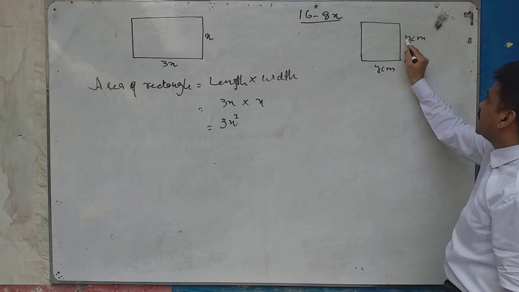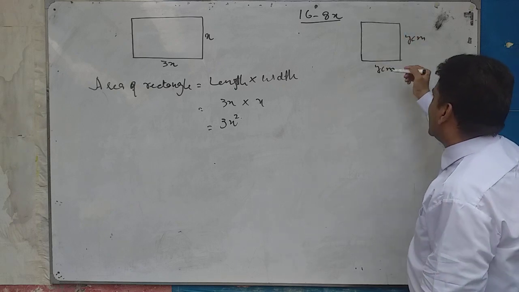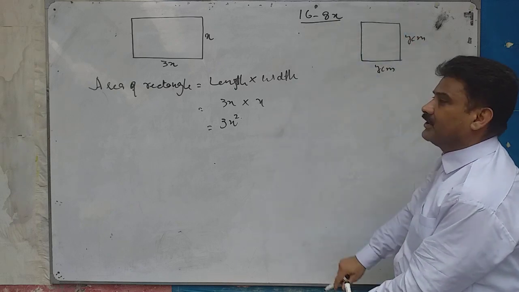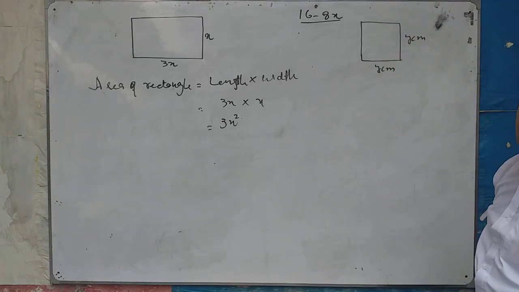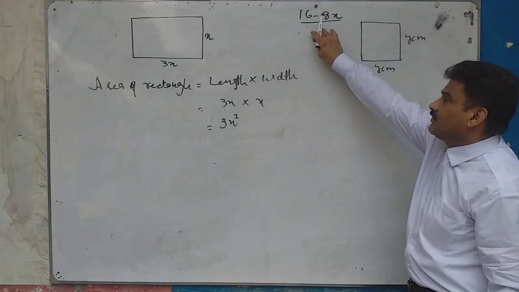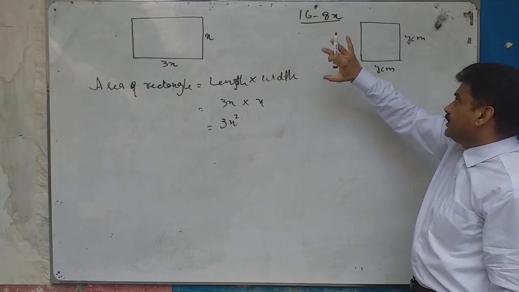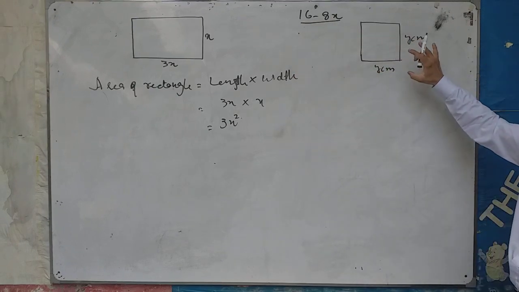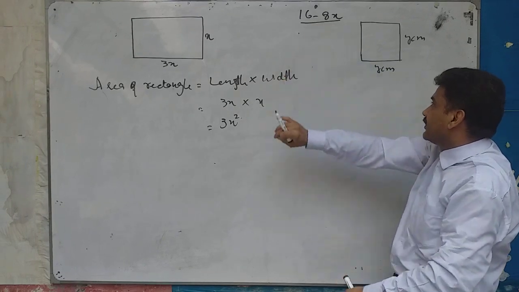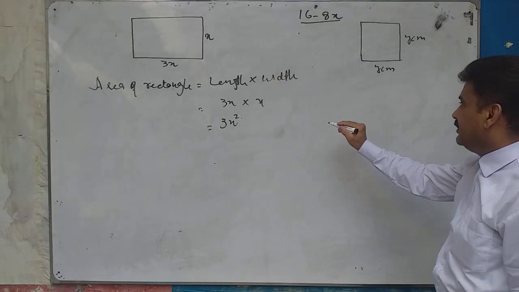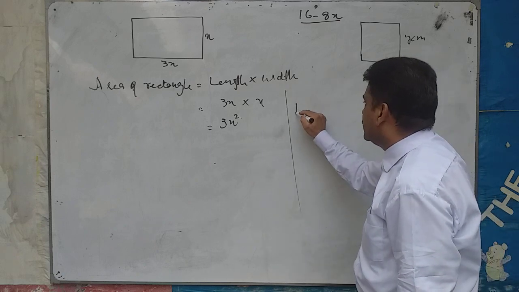This length plus this length plus this length plus this length makes total 16 minus 8x. I mean to say that the perimeter of square will be equal to this length of wire, 16 minus 8x.